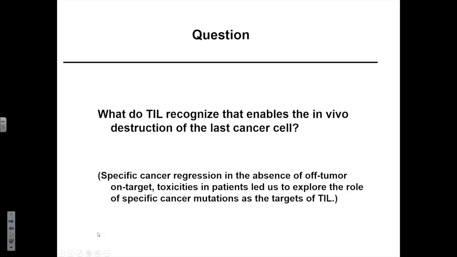We saw this specific cancer regression in the absence of any off-tumor, on-target toxicities in patients. And that's what led us in the treatment of patients with melanoma to explore the role of specific cancer mutations as the likely targets of these tumor-infiltrating lymphocytes that were administered to patients.